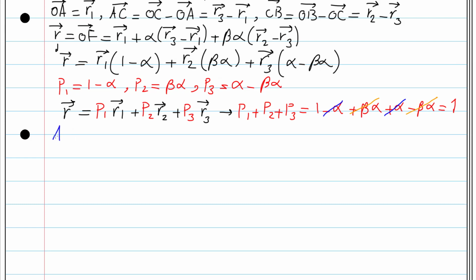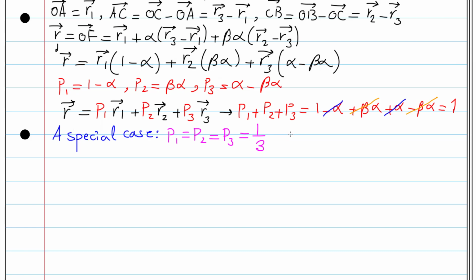A special case is when all these coefficients are equal. P1 equals P2 equals P3 equals 1/3 because their sum is 1.